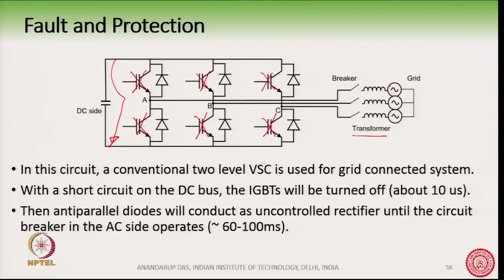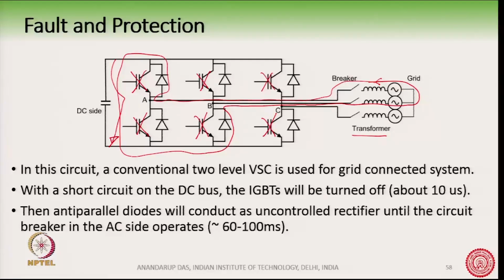For example, if you see the path from here, the current path will be like this. Say for example, you can take any of these, it goes through this rectifier, goes through the short, and comes back through this, and this is how the current path is. Okay.